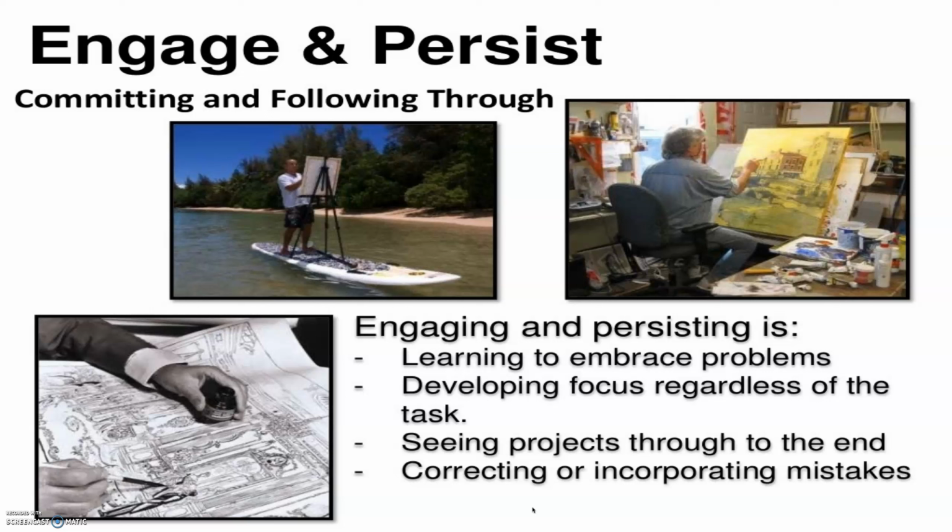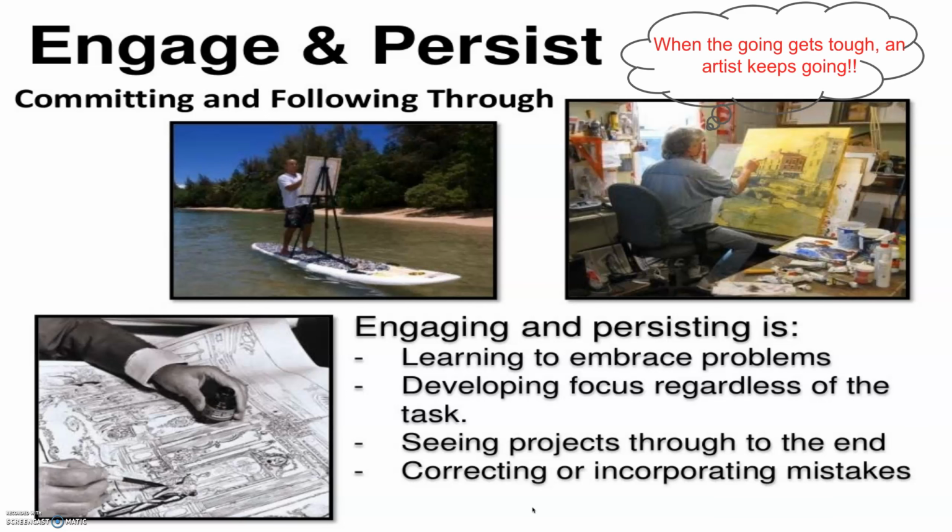Because so many times we kill so many trees when we just make a mark on the paper that we don't like, and instead of trying to fix it, we just throw it away. That's not only wasteful, but it's not really developing this kind of skill of persistence and perseverance. So remember, when the going gets tough, an artist keeps going.